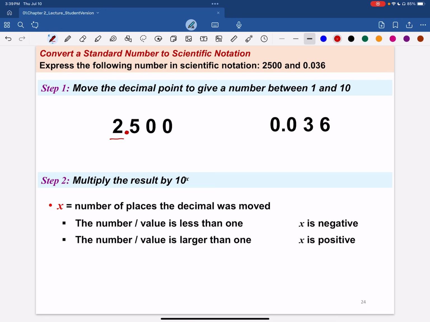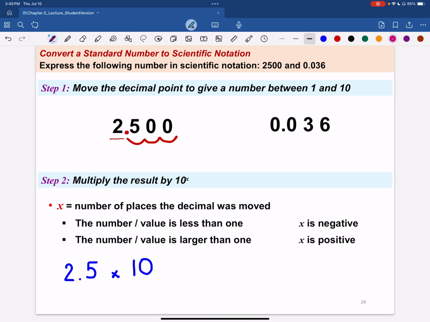Now, you count: 1, 2, 3, because you put the decimal place after the number 2. So we write 2.5 times 10. Now we will determine the number n.